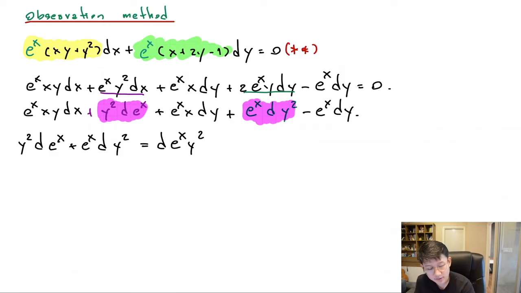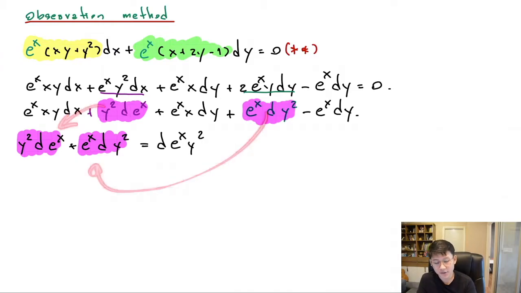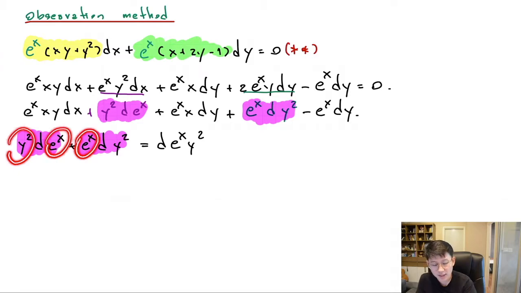Right? This term and that term is u dv plus v du, that's d of uv. Make sense? Okay.